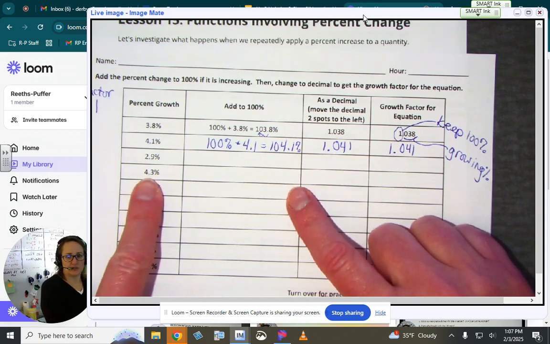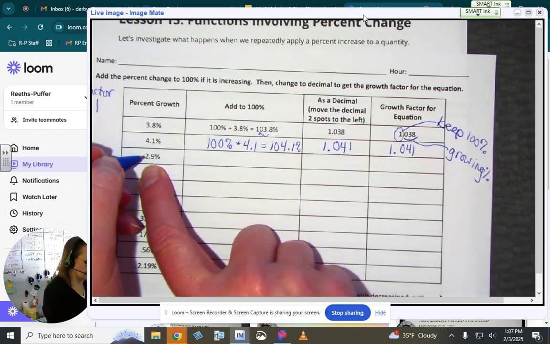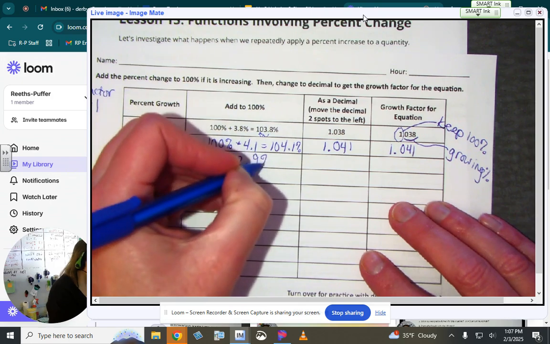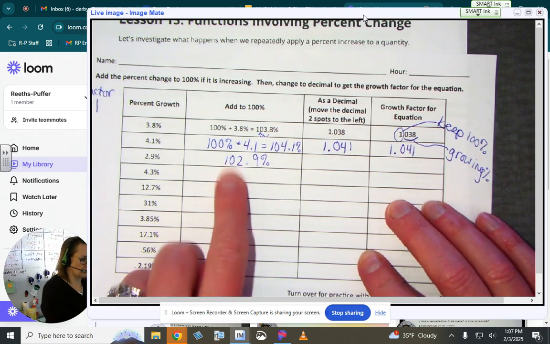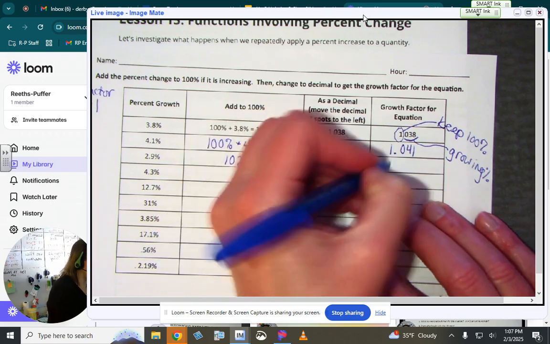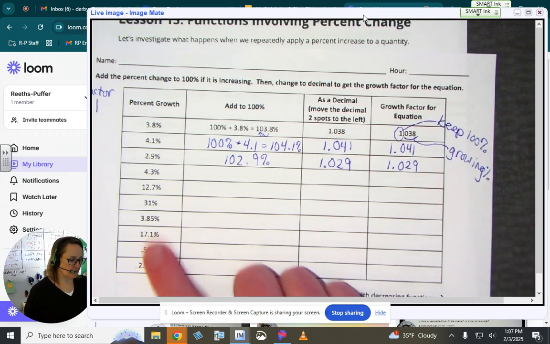So you could probably start doing some of this in your head, right? If I add 100 to 2.9%, that's 102.9%. Move that decimal point 2 places, 1.029. Some of these might look a little tricky, right?